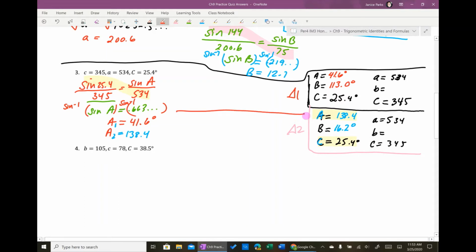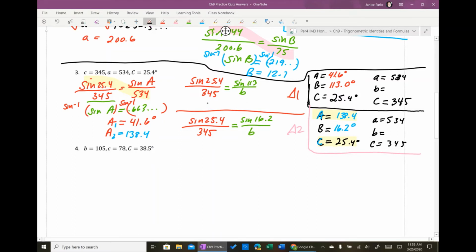So again, for the top one, I'll be using sine of 25.4 over 345. And I'll be using the same thing for this bottom triangle because those are the given information. I need to figure out b. So I'm going to use sine of 113 over b. And on the bottom triangle, I'll be using sine of 16.2 over b.